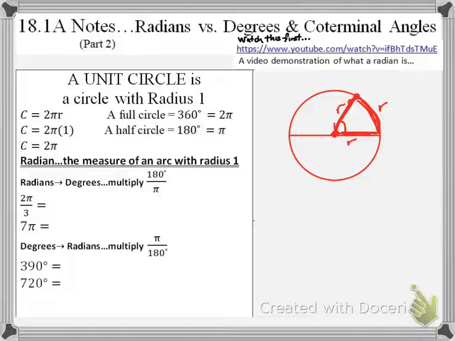And I could do that and take the radius again, and take the radius again, and it fits 1, 2, 3, and a little bit.